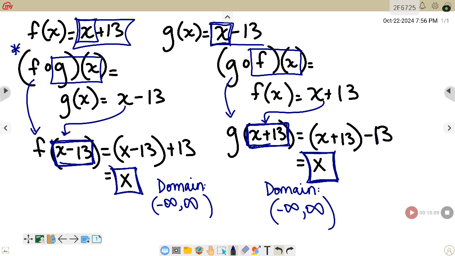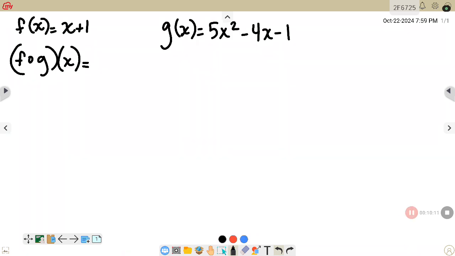All right, on this next example, we are going to start off by finding f of g of x. So once again, we start off in the same position, whatever is in the blue rectangle, which is g of x in this case. G of x, it tells me what it is in the problem. It tells me g of x equals 5x squared minus 4x minus 1.